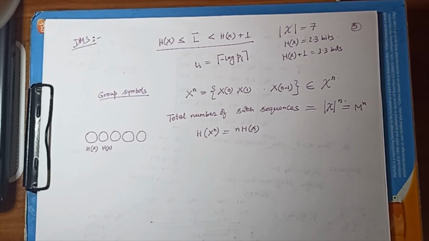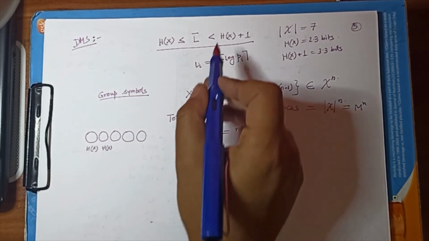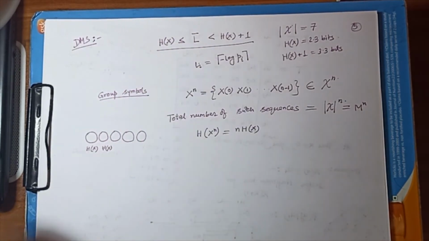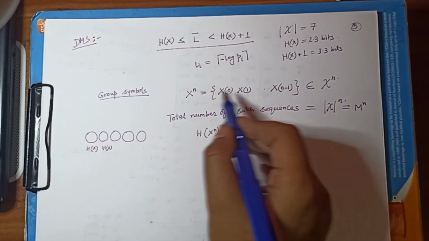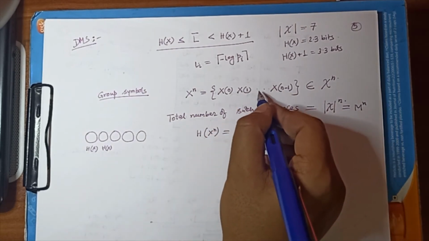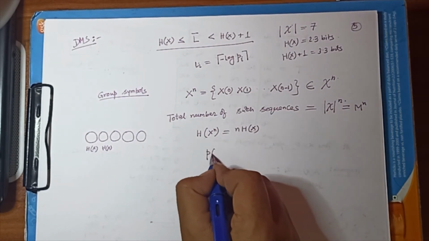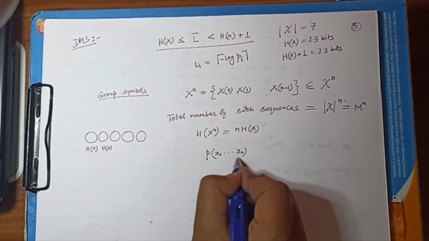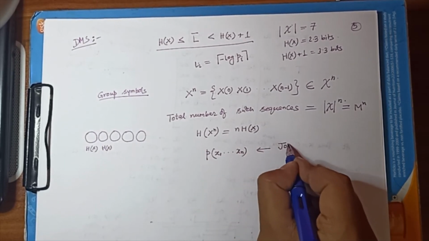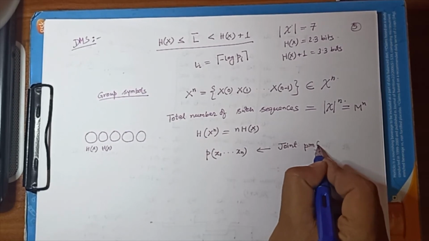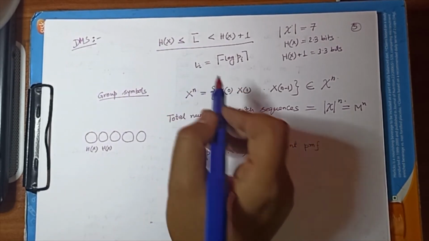Now, if I apply some encoding, which is sometimes called Fano encoding, or Shannon-Fano encoding, and get the source coding inequality like this, then for that n-tuple, for that n vector, if I compute the corresponding joint probability distribution, P(x1 to xn), which is the joint PMF, I can find the length.